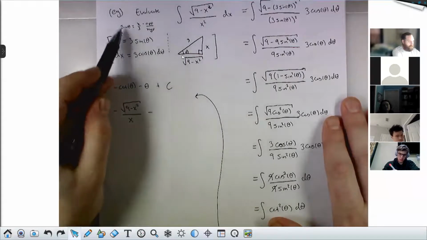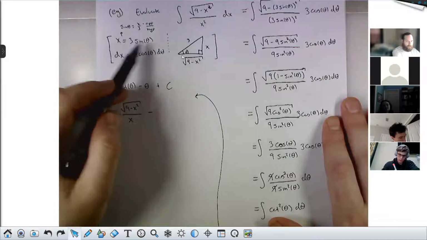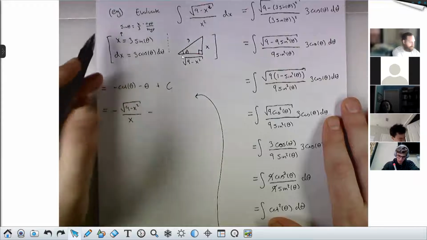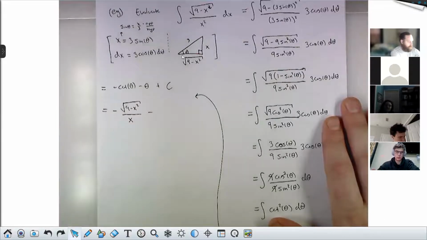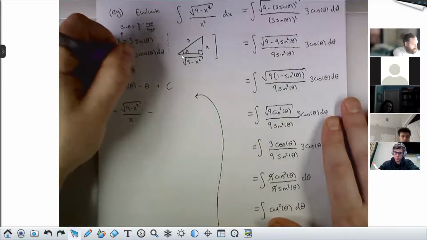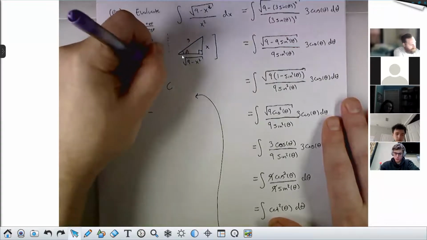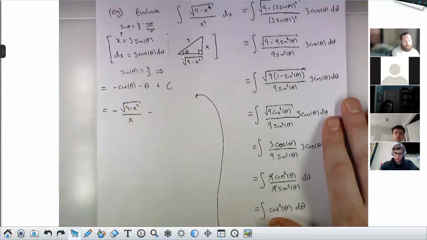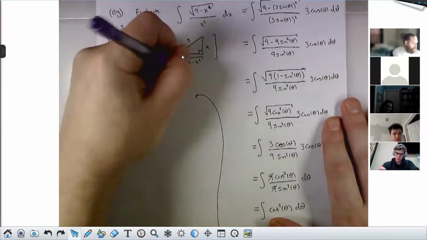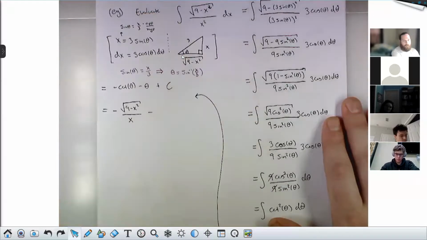Theta we get from the substitution here, right? If x is 3 sine theta, that means sine theta is x over 3. I can tuck this in here in another color. If sine of theta is equal to x over 3, then taking the inverse sine of both sides, I get theta is the inverse sine of x over 3, like so.